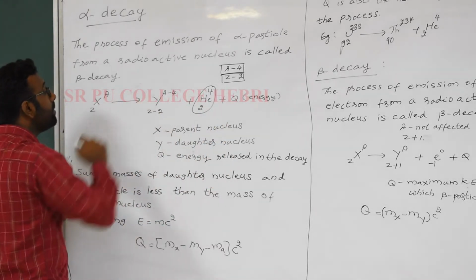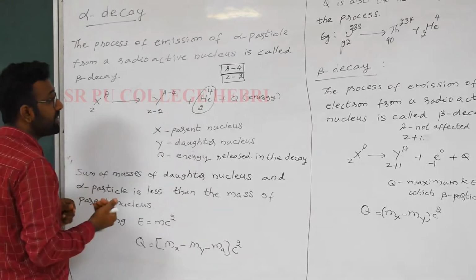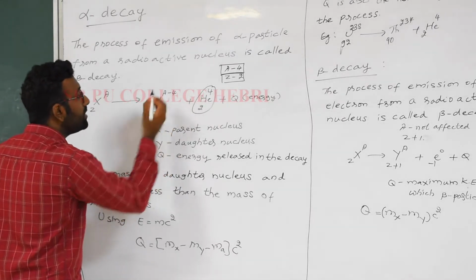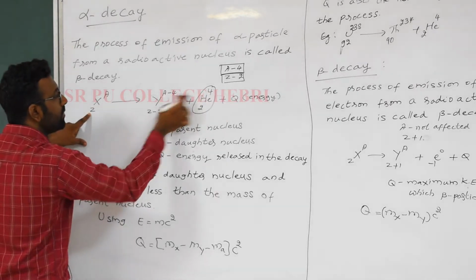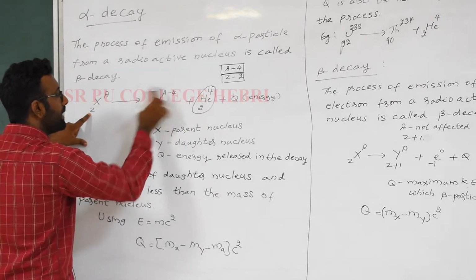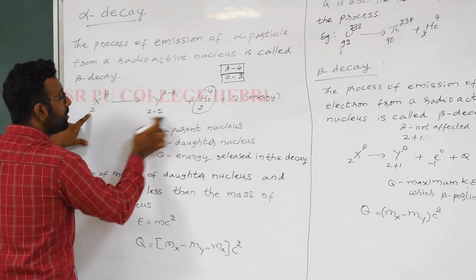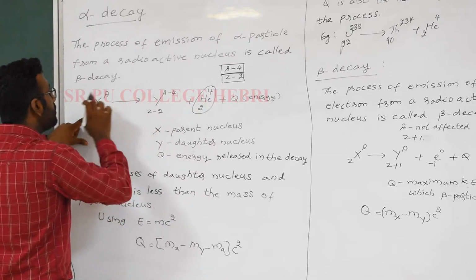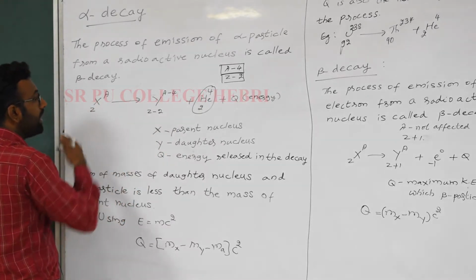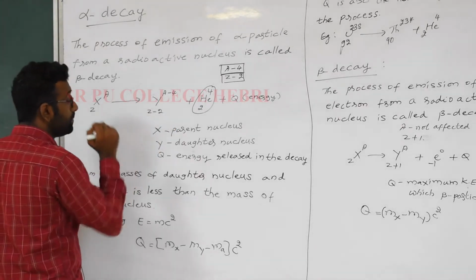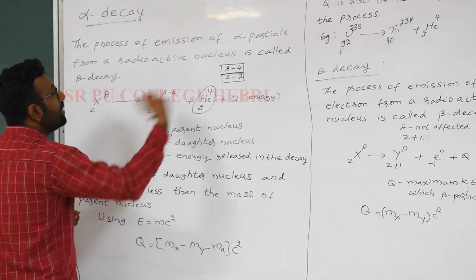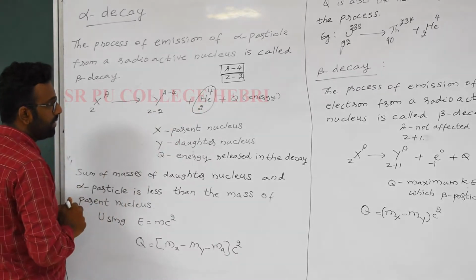So why do the atomic number and mass number change? When you add these on both sides, you get the same A and the same Z. When a parent nucleus undergoes decay, it has to liberate an alpha particle.